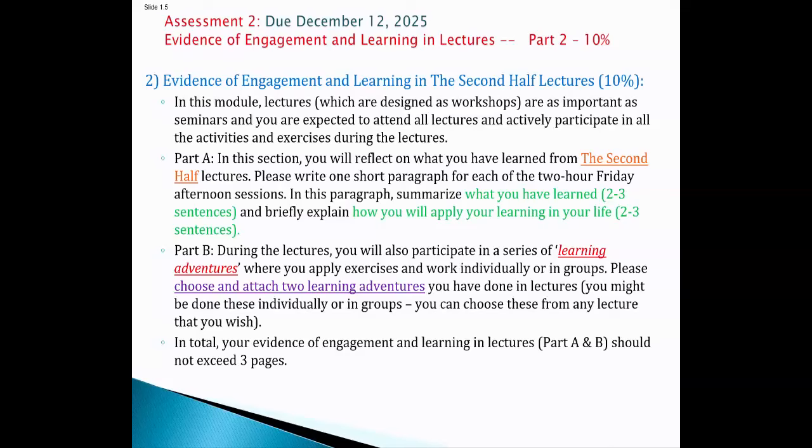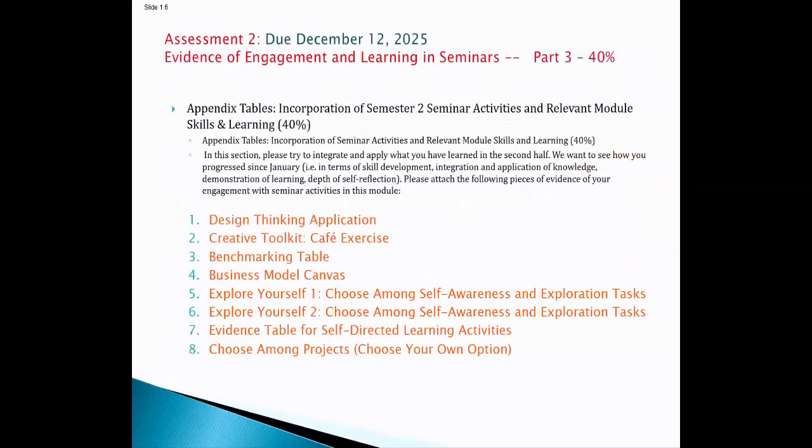So this is the lecture evidence. It is essentially the same thing, but for the second half. And the seminars, again, are very similar to the first half, but we have new seminar activities. We have, again, 8 different activities. We started the first 2 last week, and this week we will continue with activities 3 and 4.